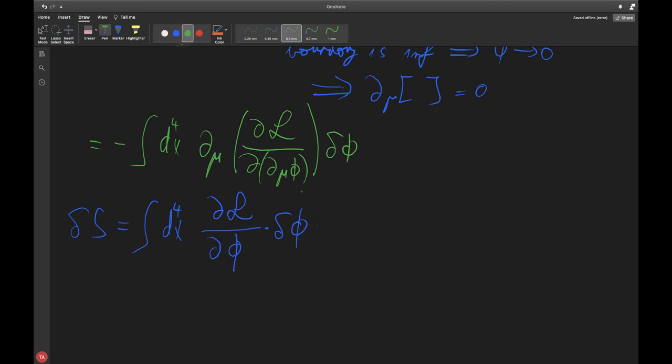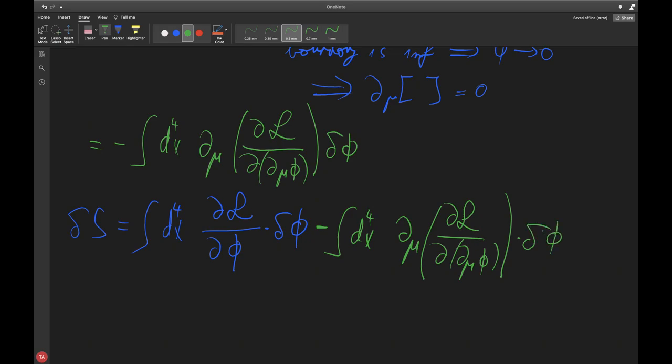And now with the green, we learn that we also have this four-dimensional integral of the derivative of the Lagrangian by the derivative of the field, and it's also multiplied with delta phi.